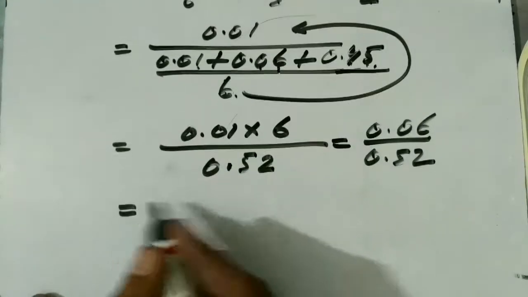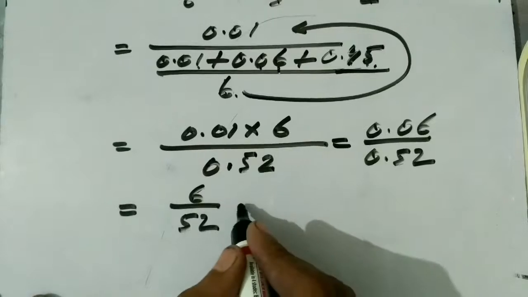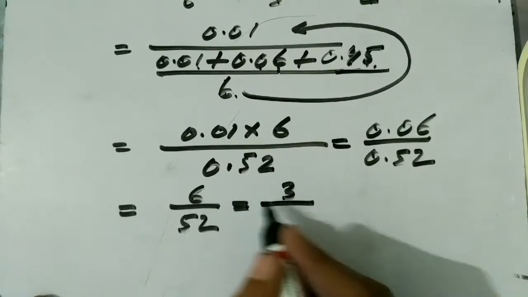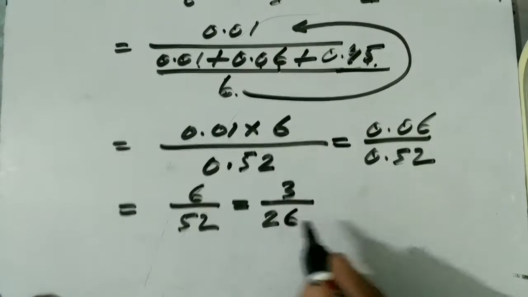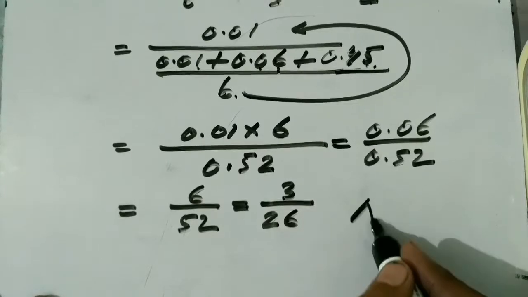Now, as these two decimals are alike, we may erase the decimals and get 6 upon 52. Both the numerator and denominator are divisible by 2. So we have 3 upon 26, which is the required probability.